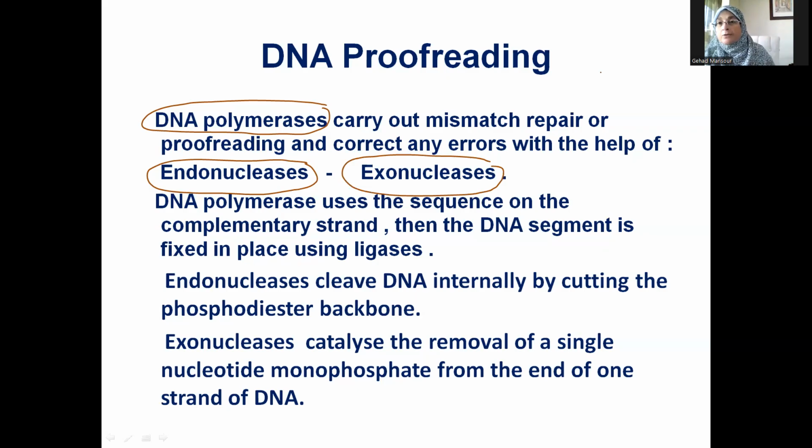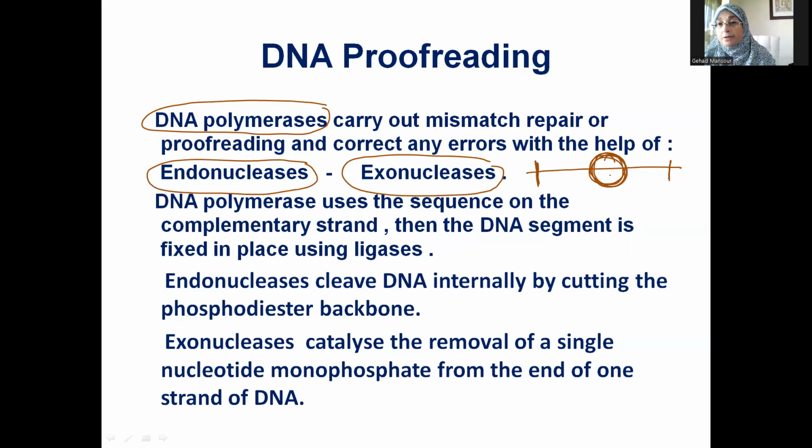And the endo, as their name indicates, if you have a DNA molecule like this, the exonucleases will break at the edges, but the endonucleases will break the mismatching parts that are present internally, and they break in the backbone itself, and then we replace by the correct segment.